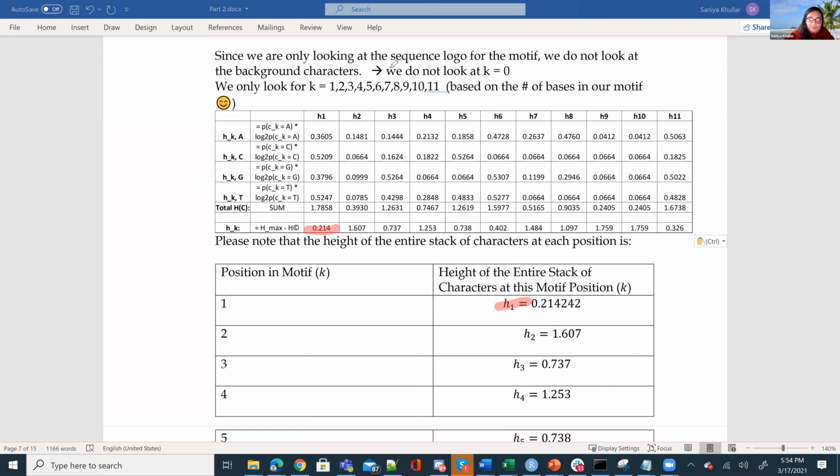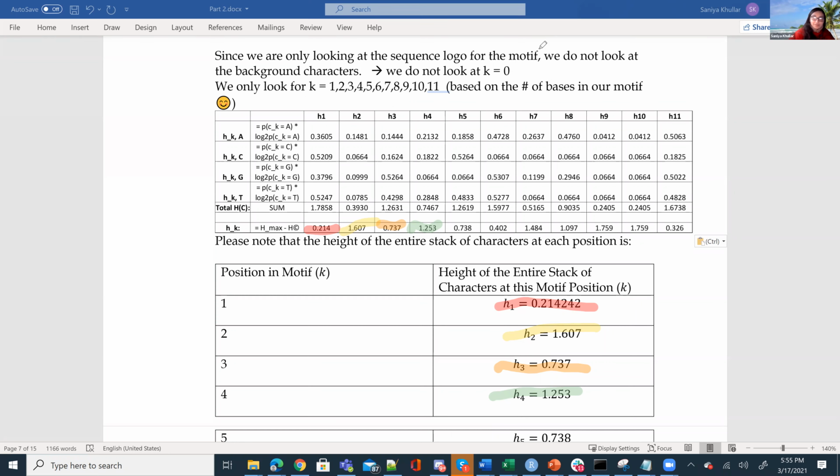This value is this. This value is this. These are the same. Pretty nice rainbow color. These are the heights of the entire stack of characters in each position. I'm just mapping them and putting them in a clean table. And you do this for all of these.